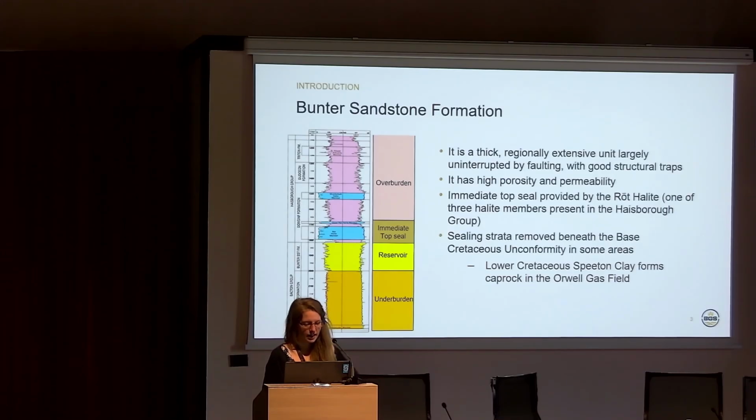And immediately overlying the Bunter Sandstone is the Röt Halite, which I'll come to a bit more later, but it acts as immediate top seal to the reservoir. And where that's eroded away, there is also the Lower Cretaceous Speeton Clay, which forms the cap rock. So we've got good reservoir and cap rock present, and it's laterally extensive.